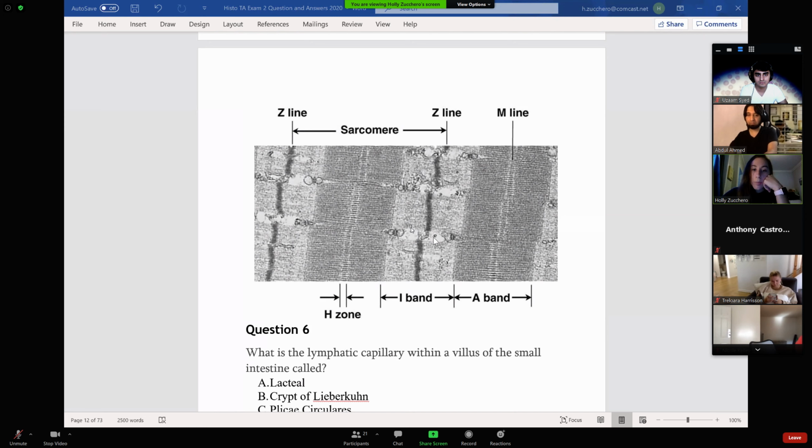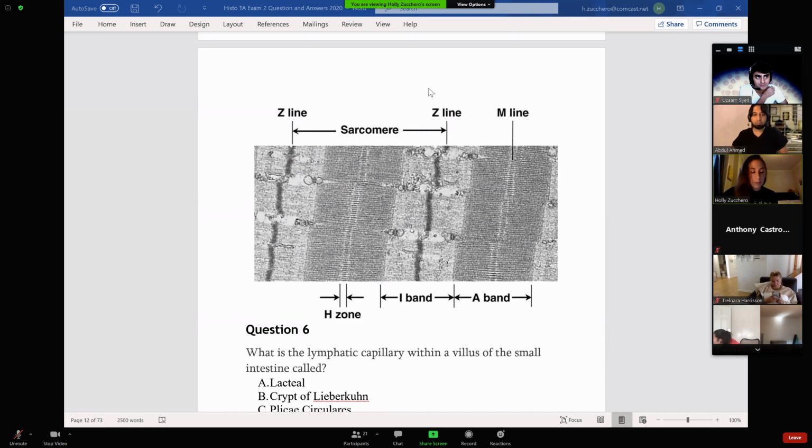So I believe if anything, it's the H and the I, because when the muscle pulls together, the H zone gets smaller. It could also be the I. I remember a question like that, but I think it would be the H zone. The A band would stay the same then, right?